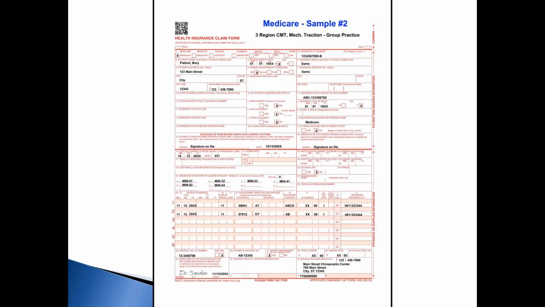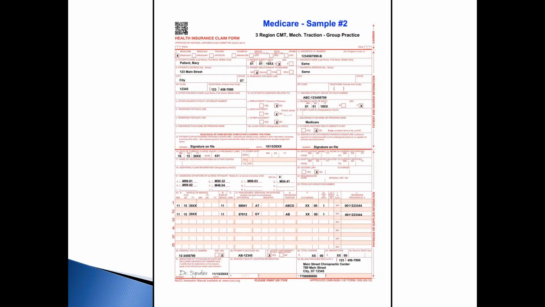So Mary Patient comes in. We see 98941 with the AT modifier. Where's that pointing? A, B, C, D. Okay, so A is cervical subluxation. B is also a cervical disc condition. C is lumbar subluxation.